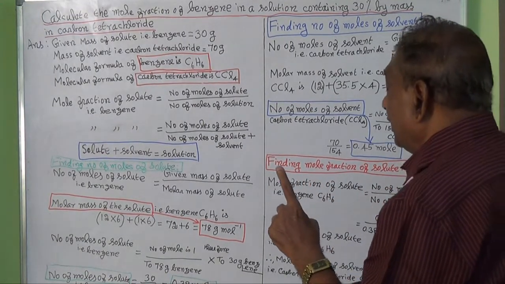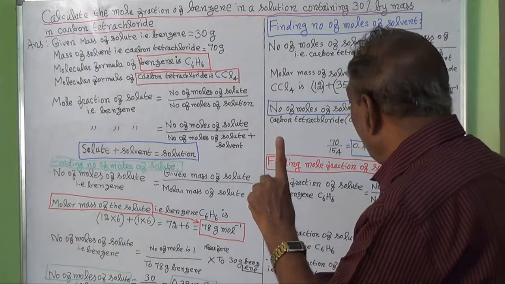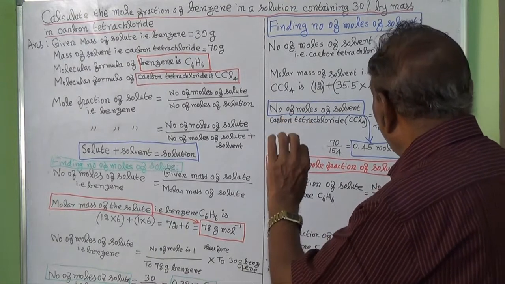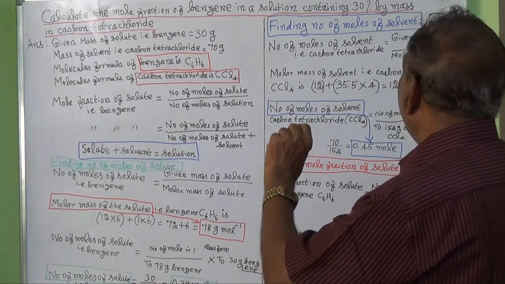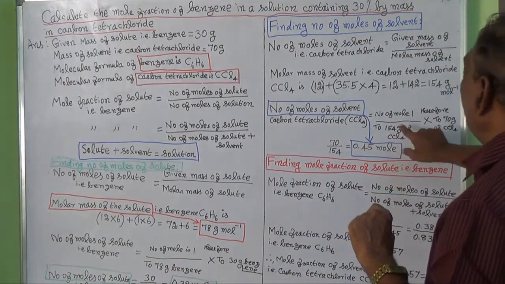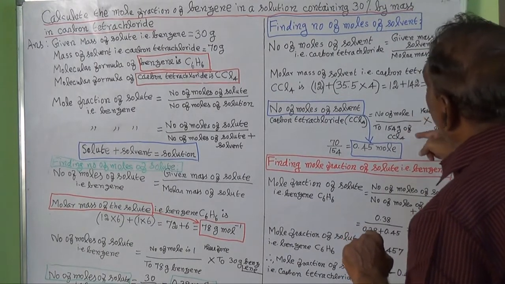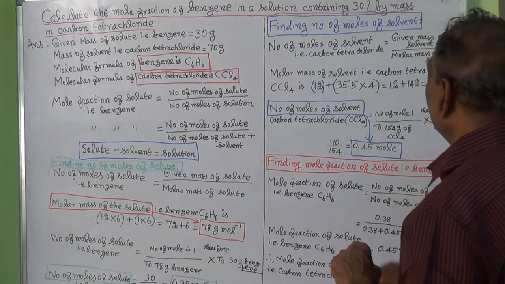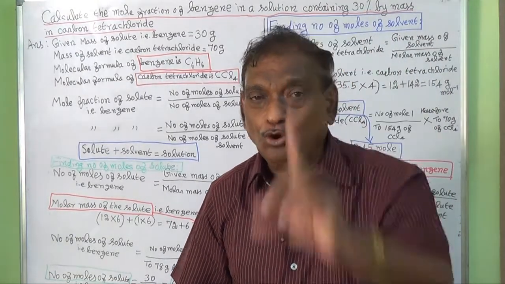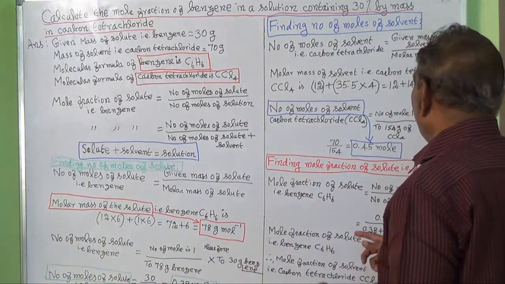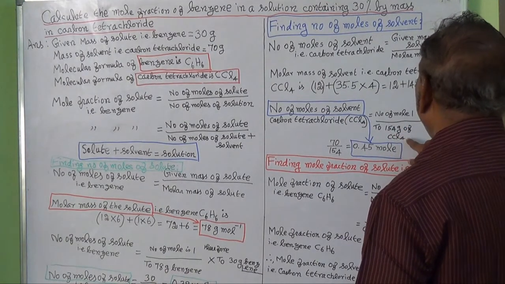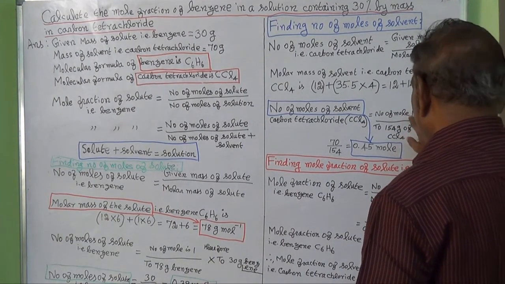If the mass of the solvent, carbon tetrachloride, is 154 gram, the number of mole will be 1, because this 154 gram is the molar mass of the solvent. We know that in 1 molar mass there is only 1 mole, so it is written as 154 gram of carbon tetrachloride, the number of mole is 1.